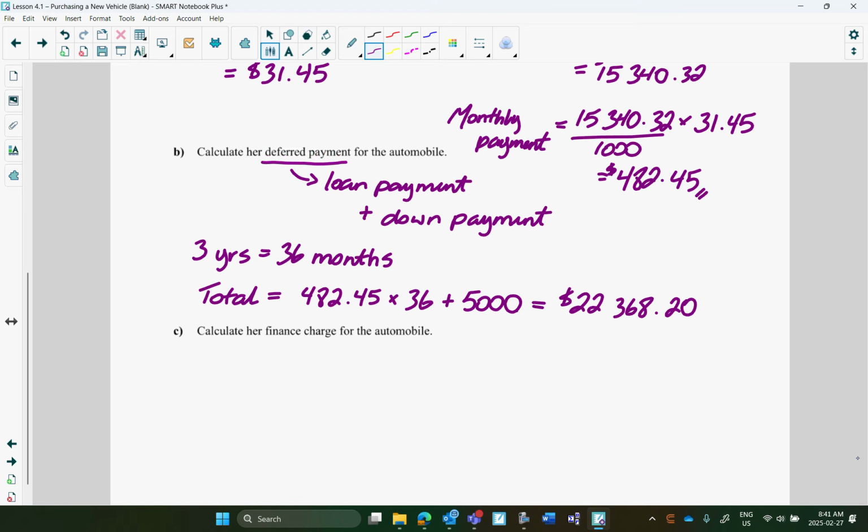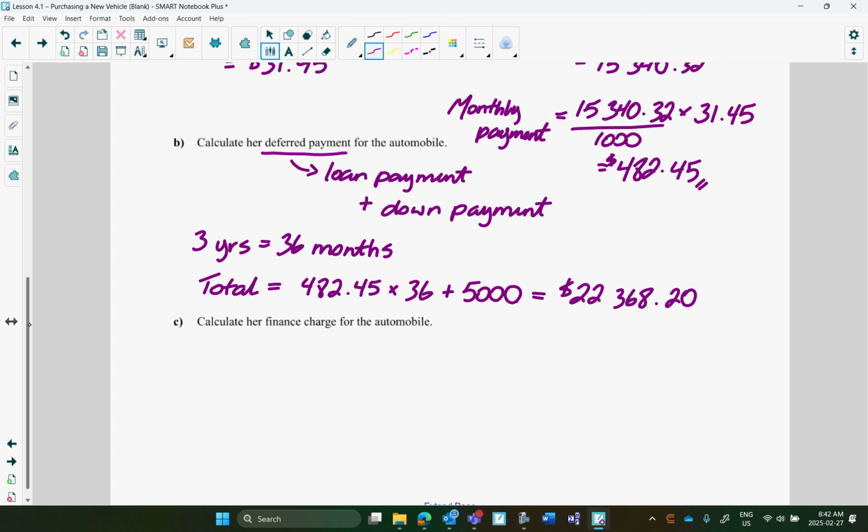I guess that makes sense that we include the down payment there, because that's the total amount she's going to have to pay. She's going to have to take a loan for $17,368.20, so she's going to pay that over a period of time.